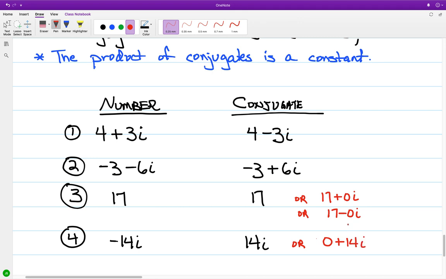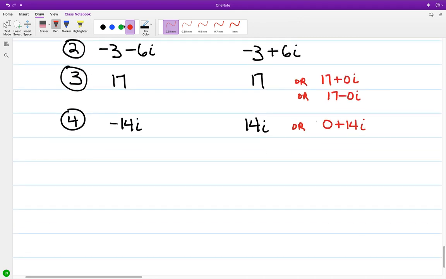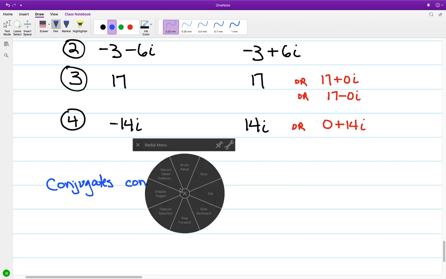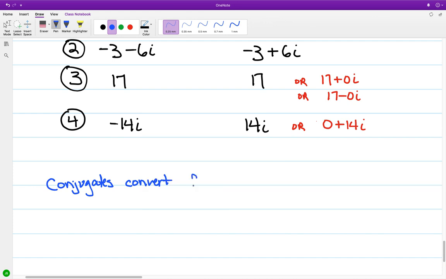And let's say, another thing about conjugates, the use of conjugates can be used to convert fractions to standard form.